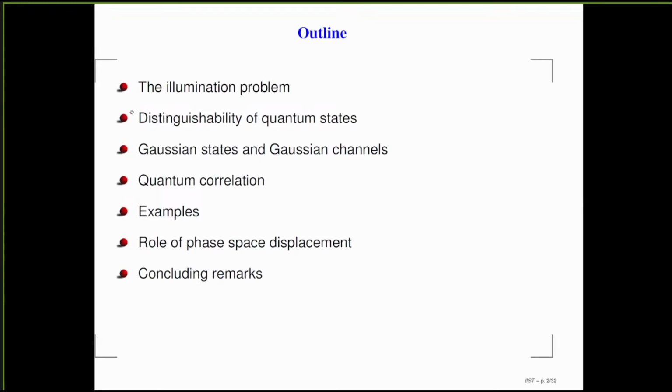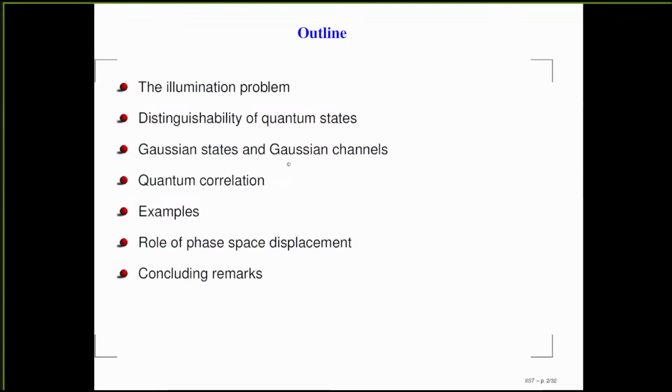So this is the brief outline of the talk. First I will discuss the illumination problem, what it means in the quantum mechanical sense. Then some tools which we will require, like the idea of distinguishability of quantum states. So some formulae I will introduce, and then this talk is based on some particular examples of Gaussian states and Gaussian channels.